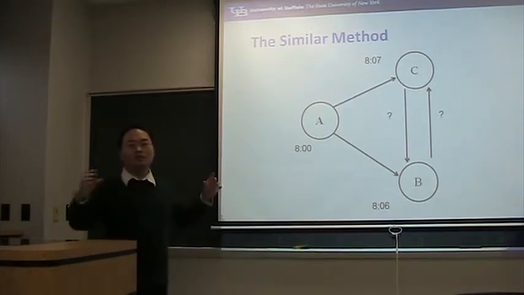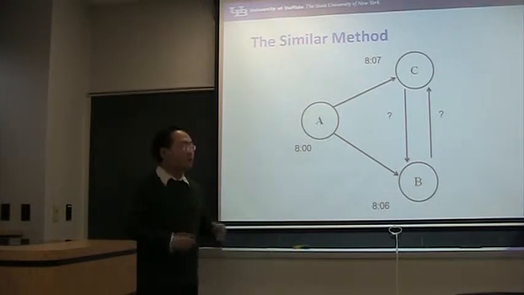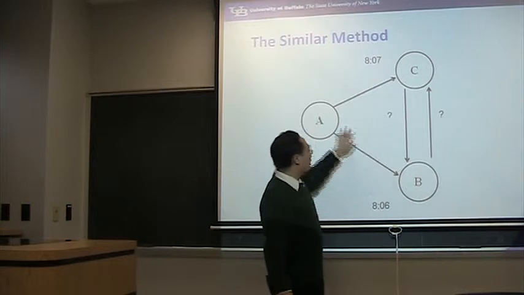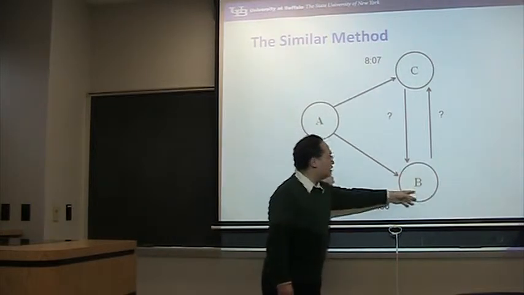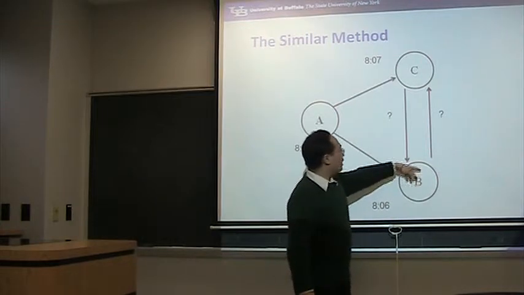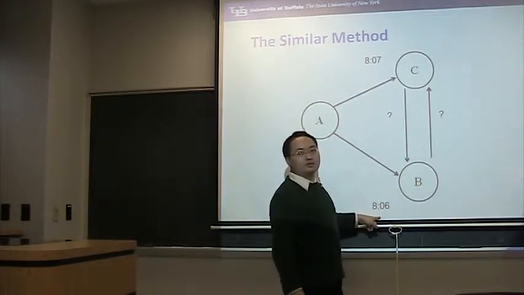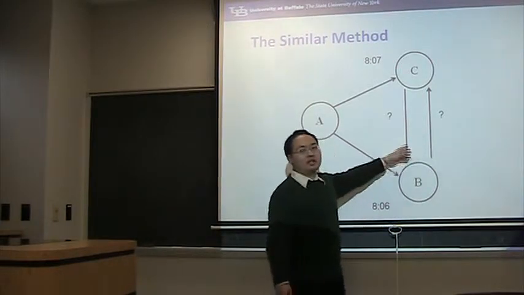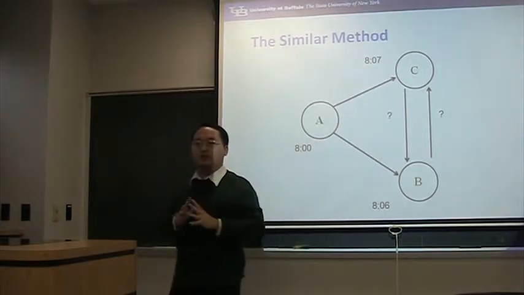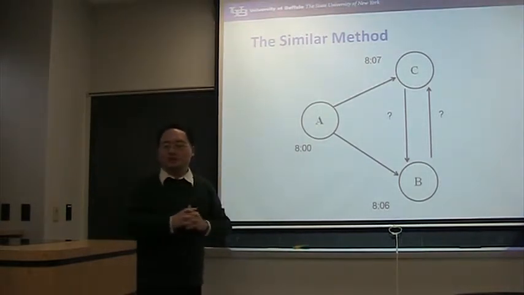So the link is a first-in-first-out facility. Understand this? So the only difference is after calculating this thing, you add B to the shortest path tree. Then you start calculating these weights from 8:06. So these weights are dynamically calculated, but the tree generating procedure is the same. Understand?